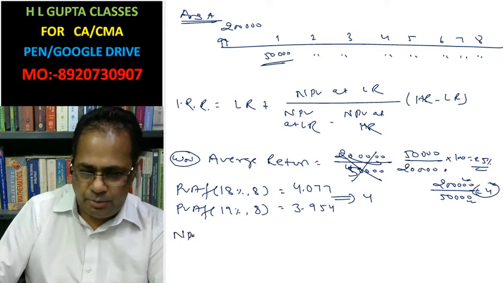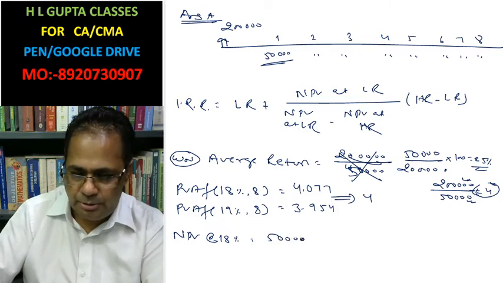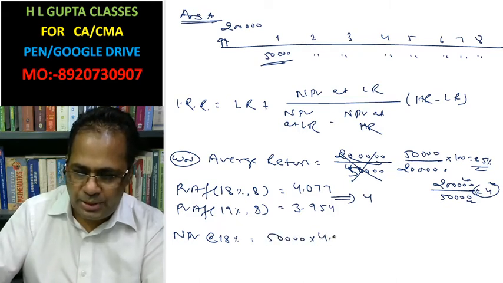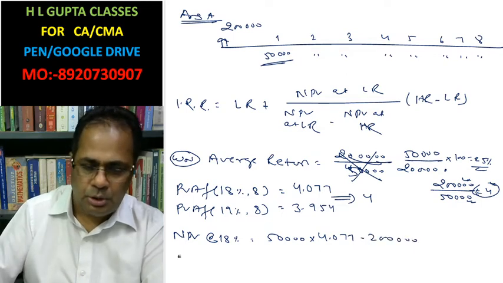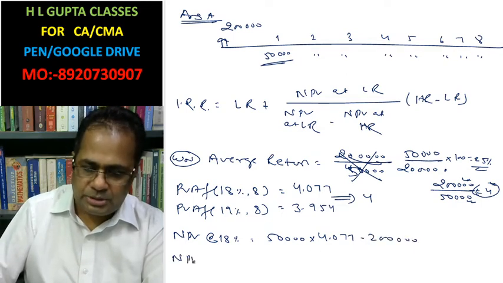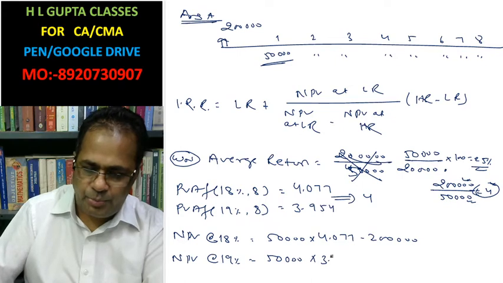Net present value at the rate of 18%: 50,000 into 4.077 minus 2 lakh. Net present value at the rate of 19%: 50,000 into 3.954 minus 2 lakh.